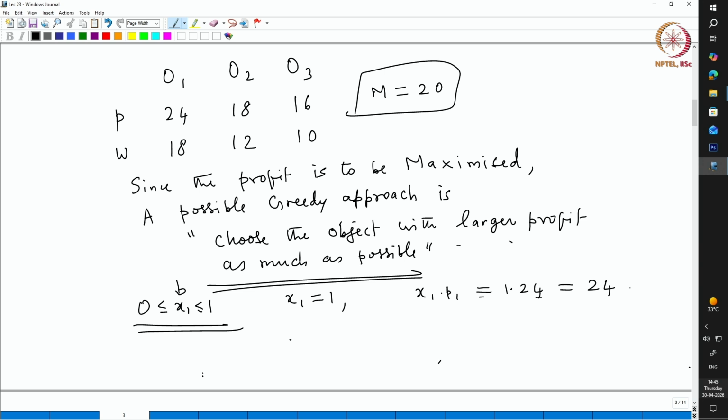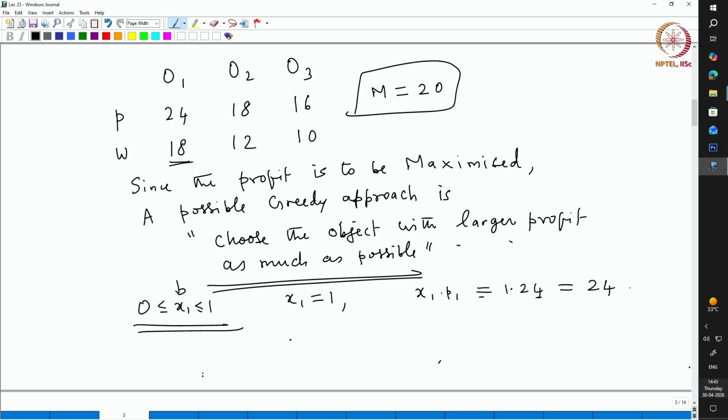But this is going to take up a weight of 18. So out of 20, 18 is consumed. You are left with only 2 more units available, because object 1 fills the knapsack, and what is leftover capacity is only 2 units.